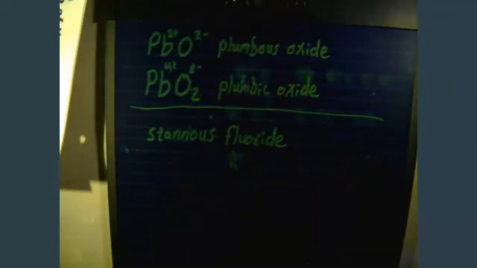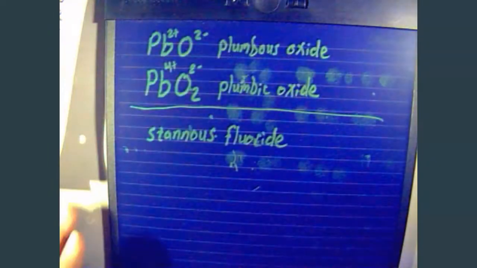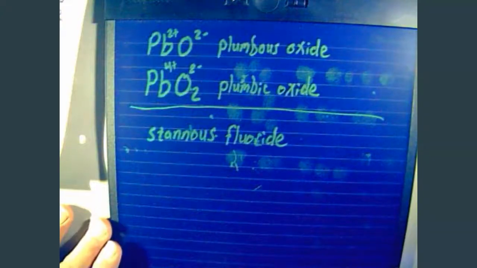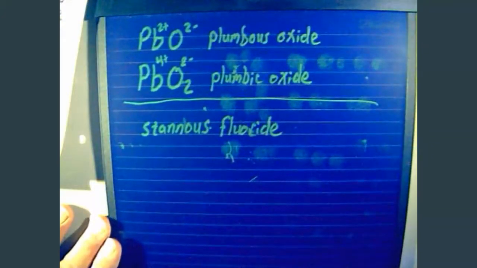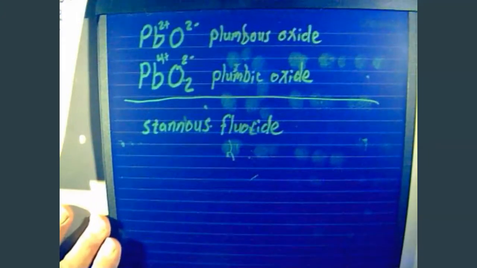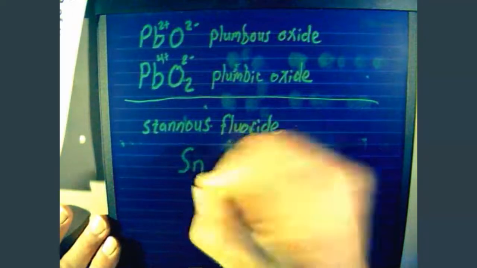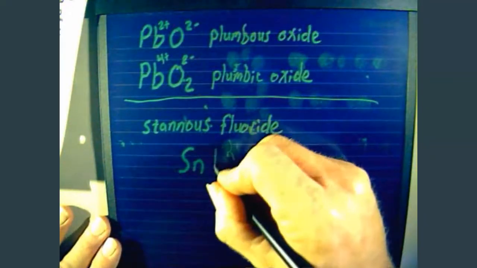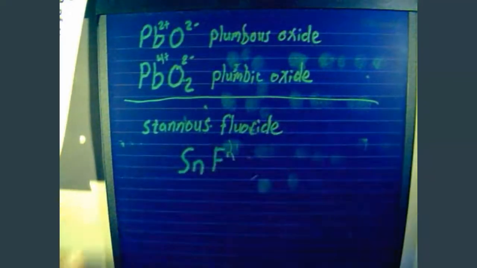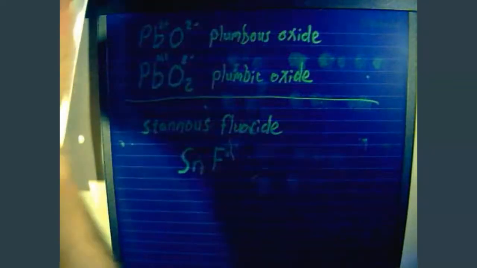And so now what we can do is figure out, well, what is the formula for stannous fluoride? Just like we wrote out formulas when we were doing type 1 or type 2, we do it the exact same way here. So stannous means tin, and it has the symbol Sn. Fluoride is fluorine, and it always has a charge of 1 minus.